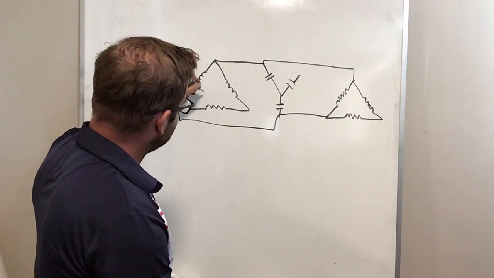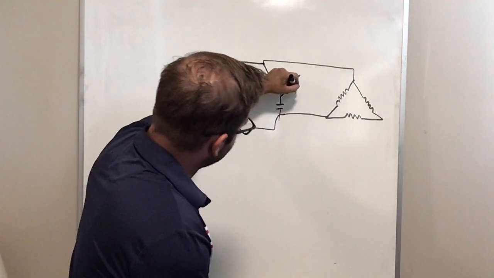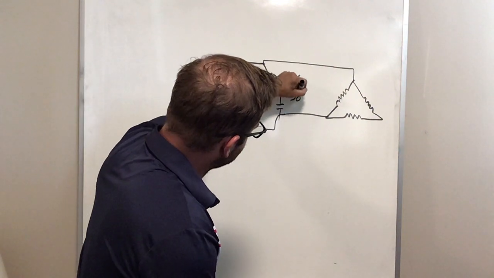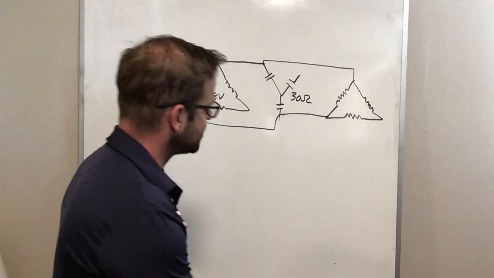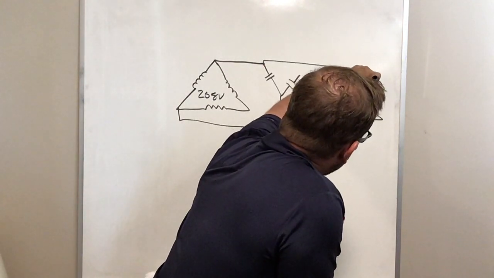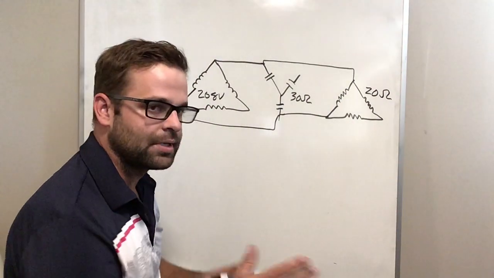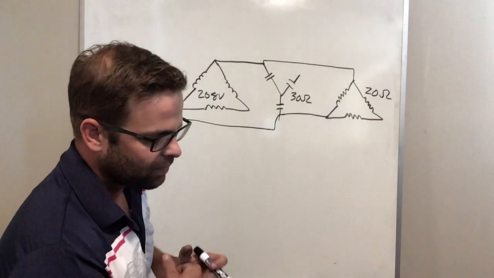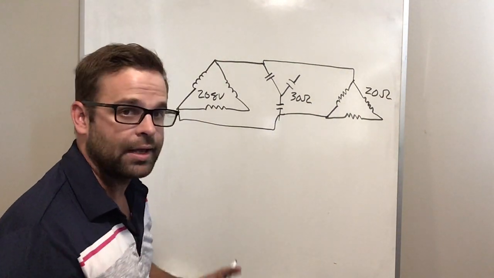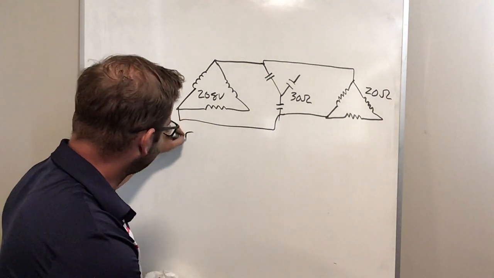This is going to be 208 volts per phase. Let's do 30 ohms per phase of capacitive reactance, and we'll do 20 ohms of resistance. So this one isn't much different than what we had talked about before, and there are questions that I've put on Finch Online, and Dalmar's also goes through it fairly well.